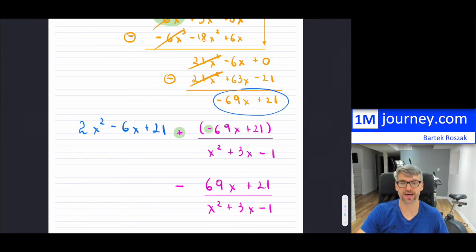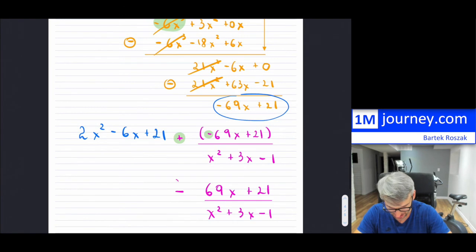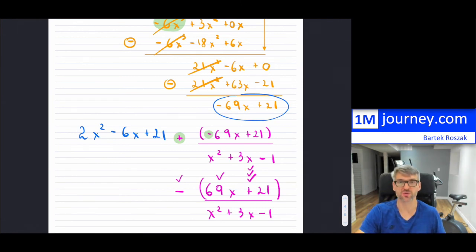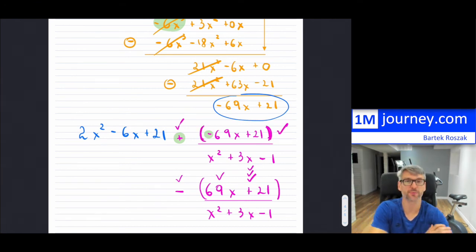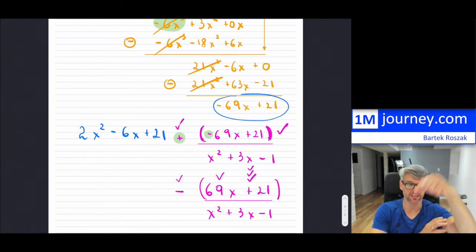Because if you do that, then you've taken out the negative out of here and you made this 69 positive, but then you would have to change this sign as well. All right, so just to play it safe, I put a plus and then I left the remainder as it is, right there. So hopefully that makes sense, or if you like, you can leave a comment below and I can try to explain it.